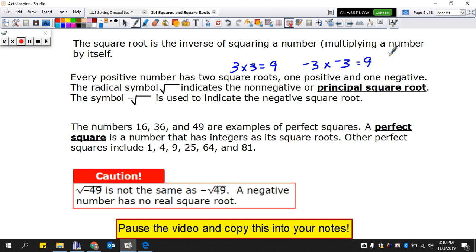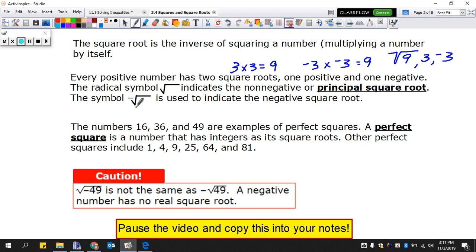All right? Sometimes we want to find just the positive one. That's called the principal square root. That's what we're finding most of the time. But occasionally you're going to want to find the negative square root, and that's signified by having this negative sign in front of the square root sign.